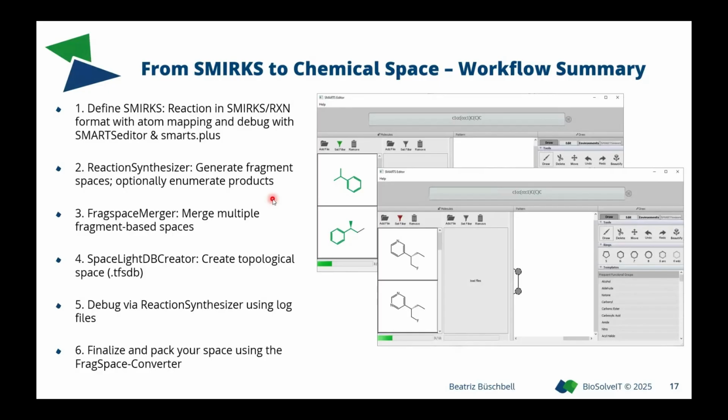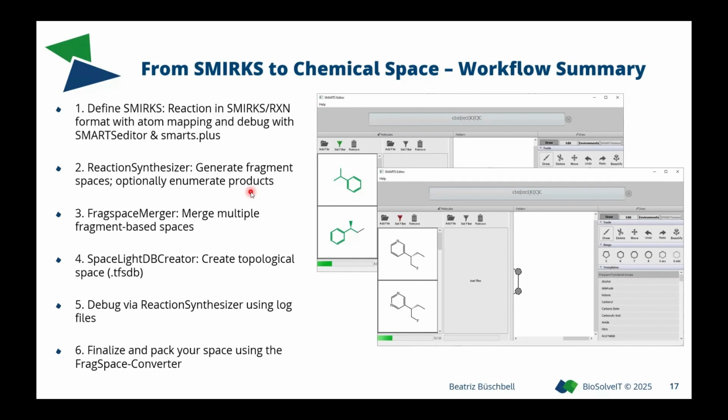Thereafter, you would proceed with the reaction synthesizer to generate these fragment spaces. You can also, within the command line application, optionally enumerate some products. CoLibri has a separate flag for that. And then you can see the products and see, do they match what you have envisioned? Is my reaction definition sufficient?